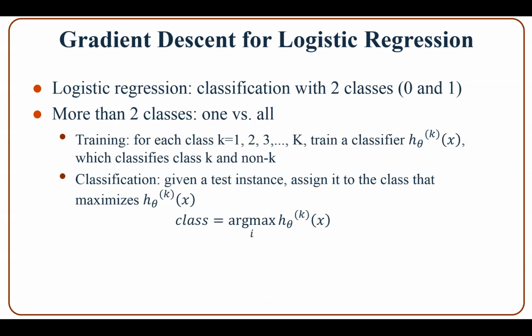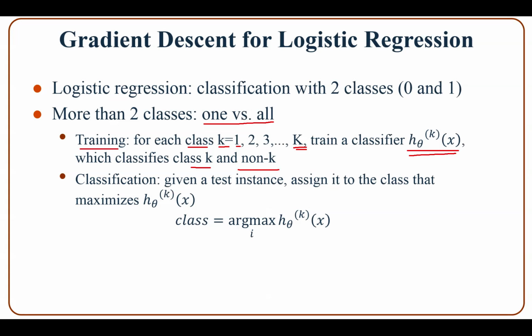So basically, logistic regression is a classification problem with two classes, 0 and 1. How about the case with more than two classes? Then we can use the one vs all strategy. In the training step, for each class k, with k from 1 up to capital K, we train a classifier hk of x, which classifies class k and non-k.